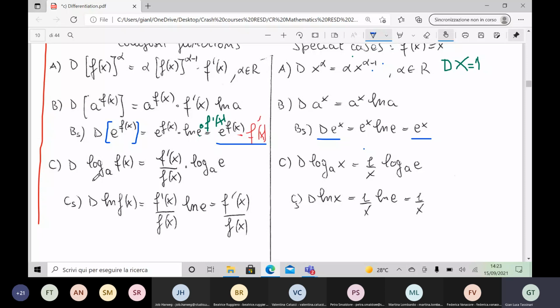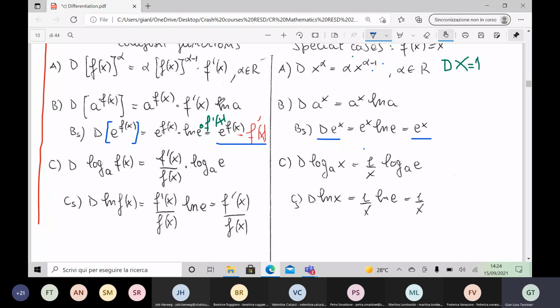The function g is the logarithm with basis e, and the derivative of the logarithm with basis e is 1 over x. And then you have to multiply, following the rule, by f prime, the derivative of the argument. So you can write it directly as f prime of x over f of x times logarithm with basis a of e.